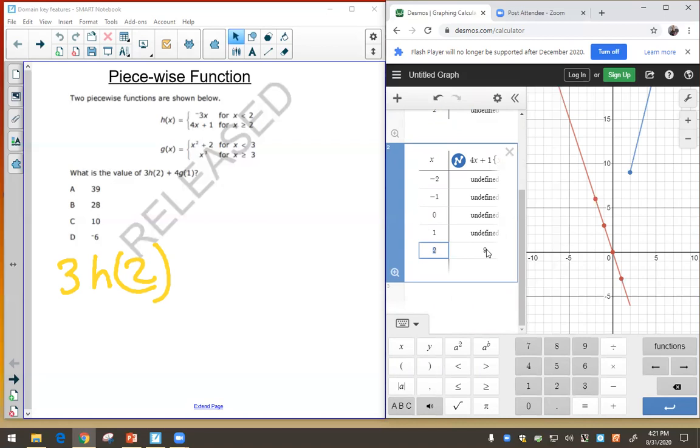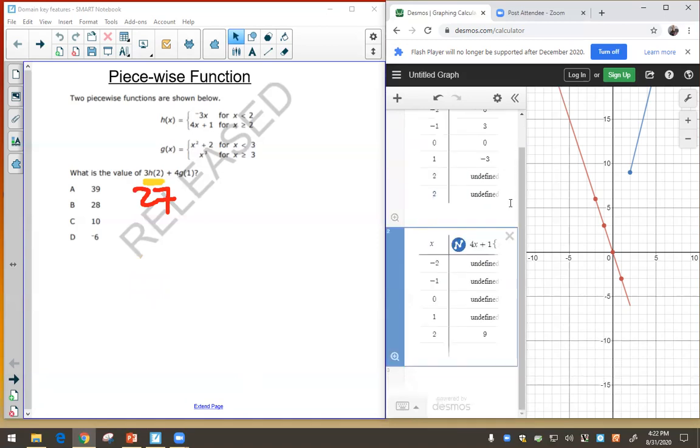So we do have the answer. So clearly 2 belongs to the second piece of the H function. So basically H2 here means 9, and you multiply by 3, you're going to get 27. So this first 3H2 is basically 27. So we're finished with the H function. Okay, let us move on to the G function.